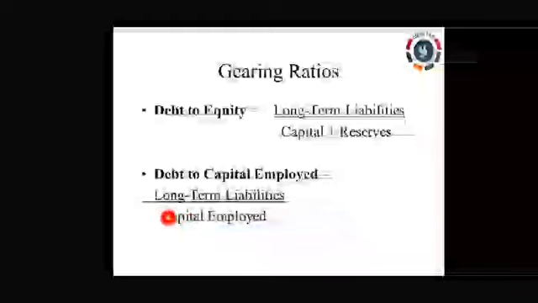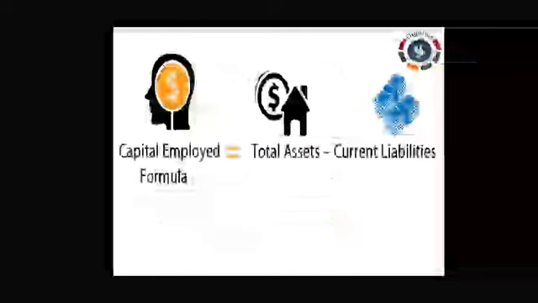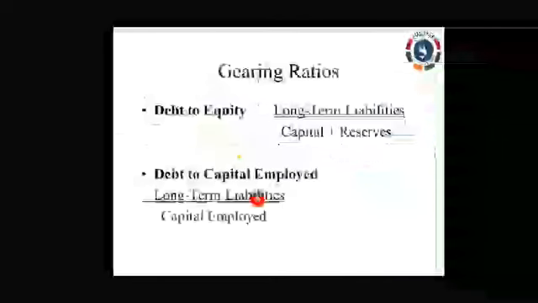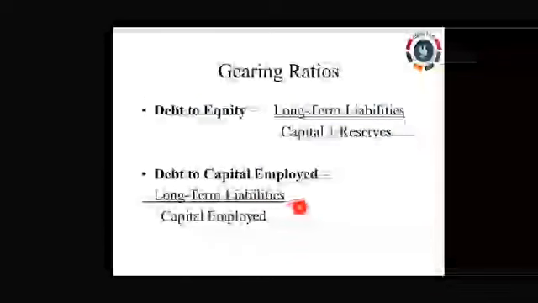So we have to find capital employed, right? For that we apply capital employed equals total assets minus current liabilities. What are the things we have to include in capital employed? Long term debt plus shareholders' funds, like that. That is equal.